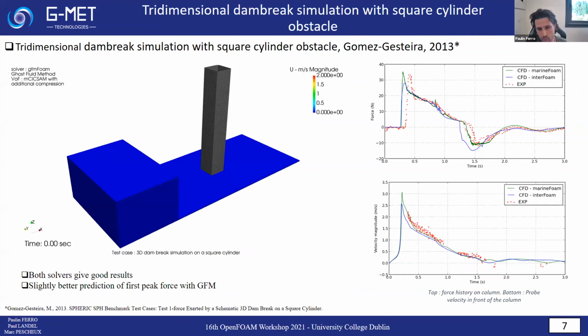We analyzed this, and we think it is because in the experimental setup, the dam break does not fall instantly, whereas in the numerical simulation it does. So in the numerical simulation we hit the obstacle quickly, whereas in the experiment the obstacle blocking the water column cannot be moved in an infinitely short time.